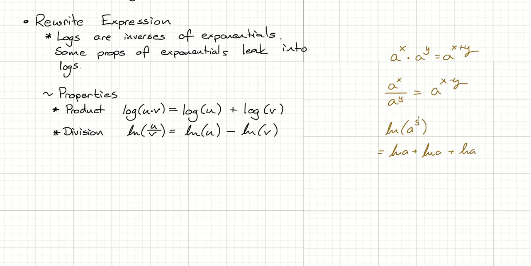So I'm going to change this to the 3rd so I don't have to write anymore. That's a 3. Everybody agree that using our first rule, this is what it becomes. Man, if only there were a more convenient way to write this. How many natural logs of a do we have? Is that the same as just doing this?